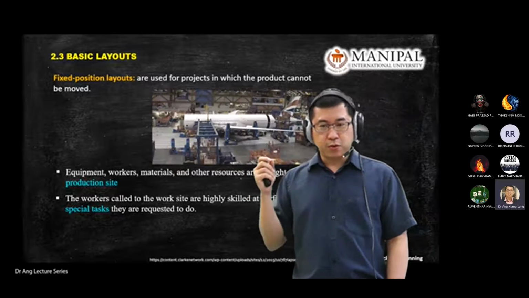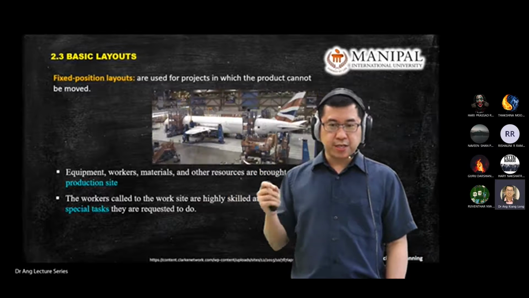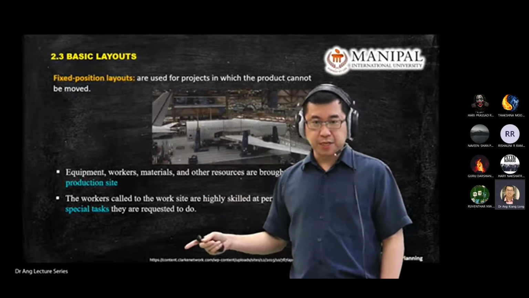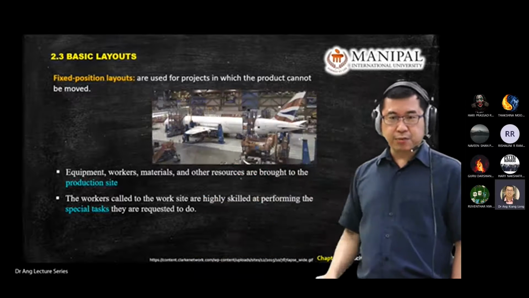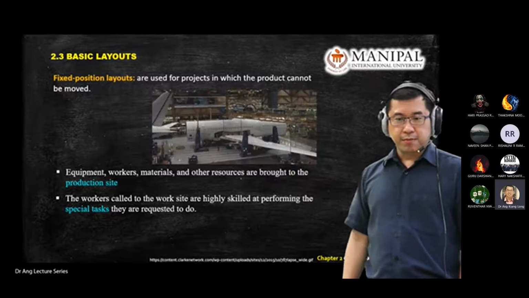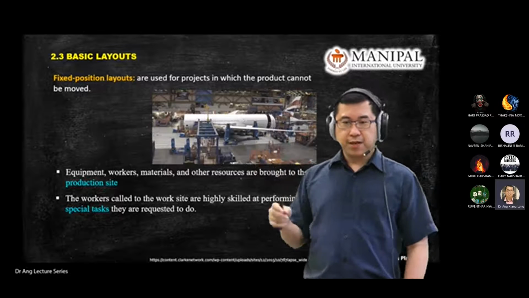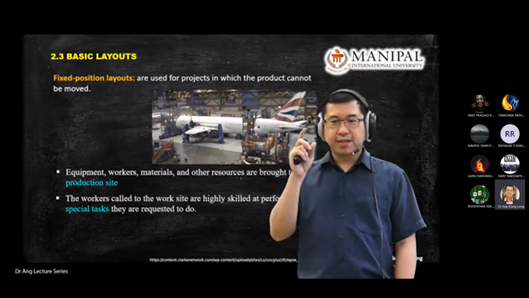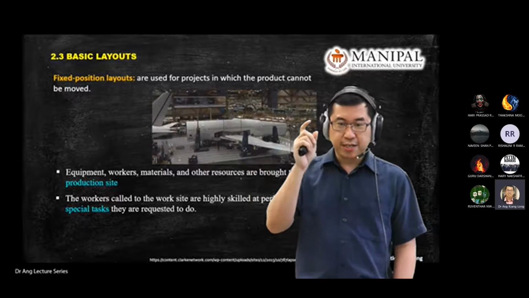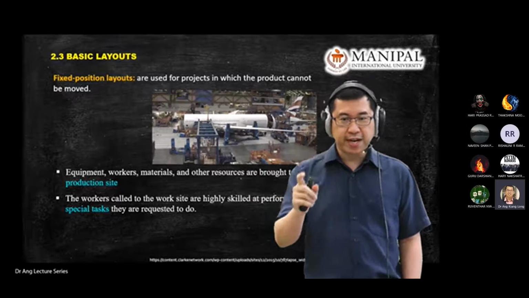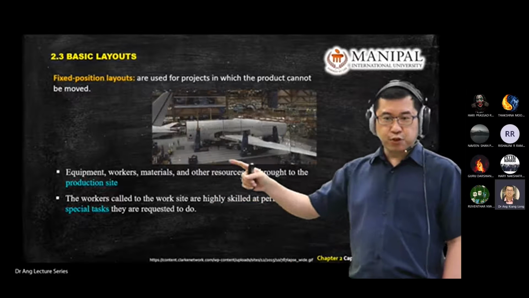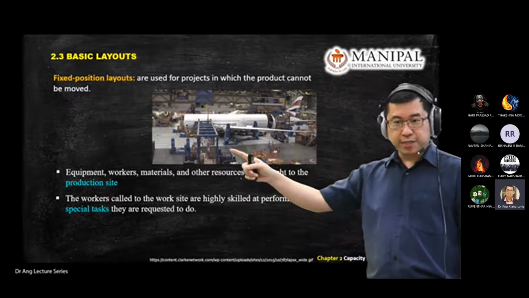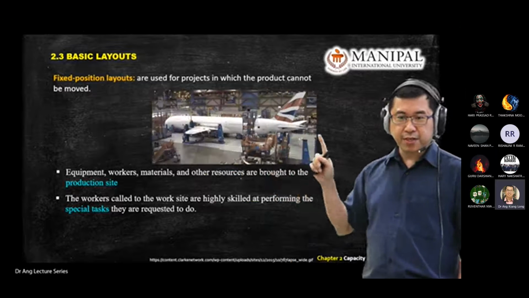Usually you can find them in the fixed position layout. It means they will arrange a schedule, and at that particular time, that particular worker, expert, or specialist will go in there and fix the problem. In each individual time frame, you will see different people appear on the production floor.